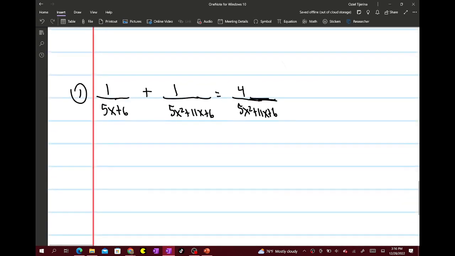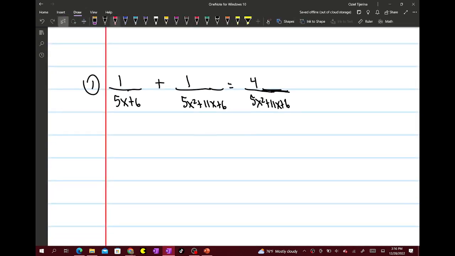The first thing I see here is that there's a common denominator with these two, okay? So I'm going to subtract. I'm going to bring this part to one side, so I'm going to subtract 1 over 5x squared plus 11x plus 6, and do that to both sides.